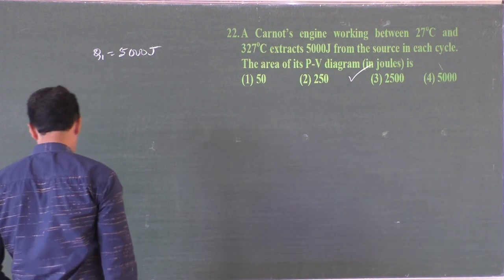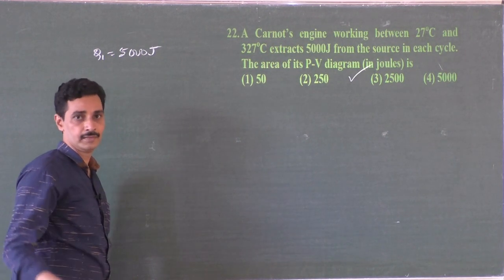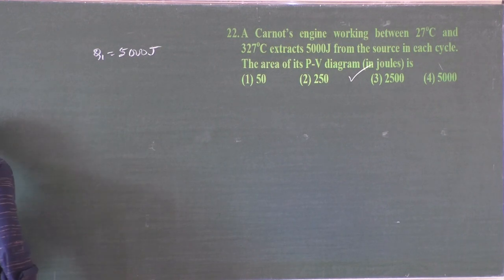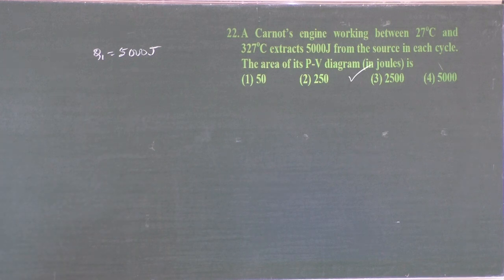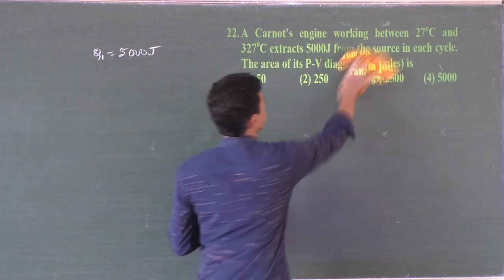The area under the PV diagram is work done. We were discussing that in the previous synopsis. I don't have chalk. Well, one minute, I will bring the chalk. Okay, this is not needed.